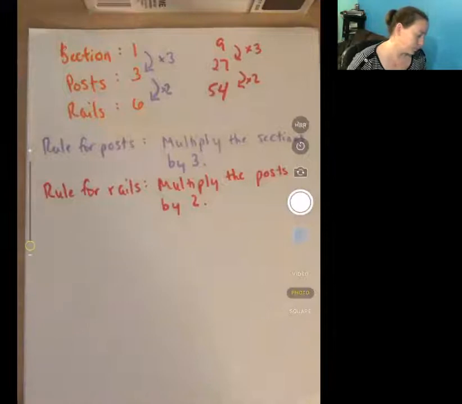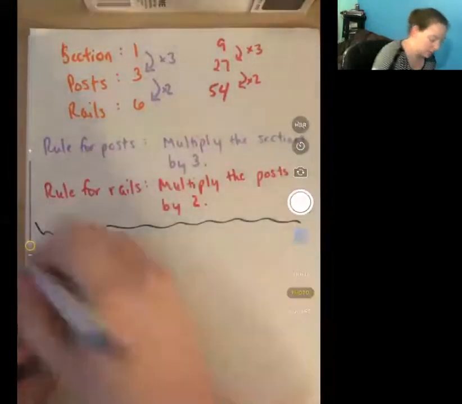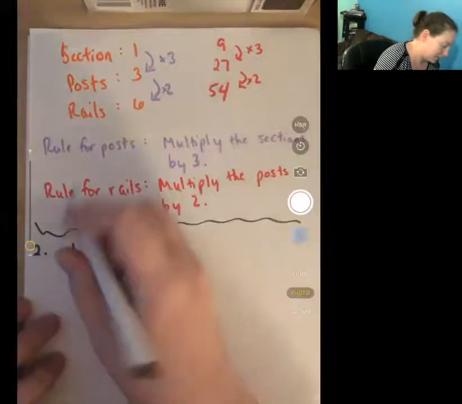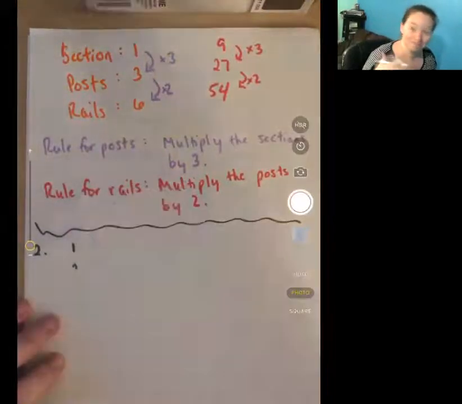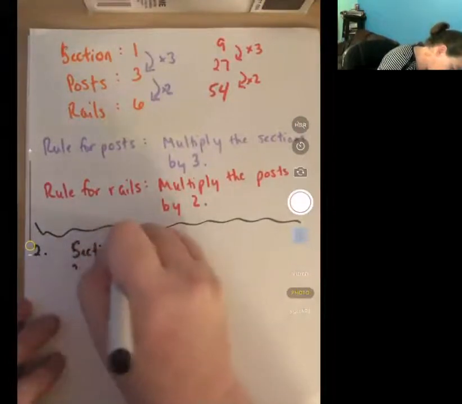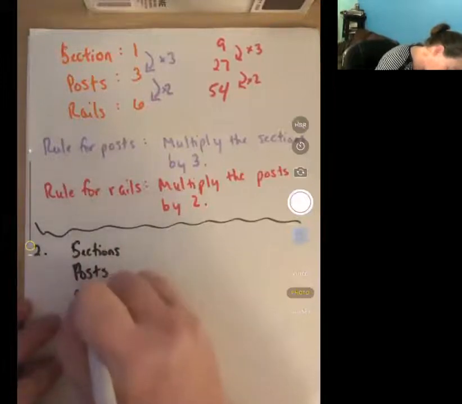Number 2, what if another style of rail fencing has 6 rails between each pair of posts? How many rails are needed for 27 posts? So this is number 2. Okay, so sections, posts, rails.